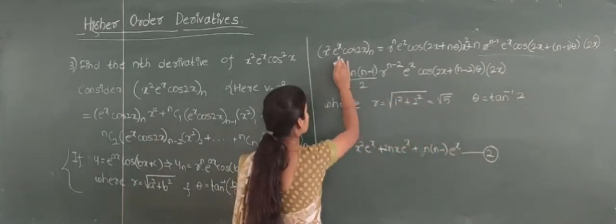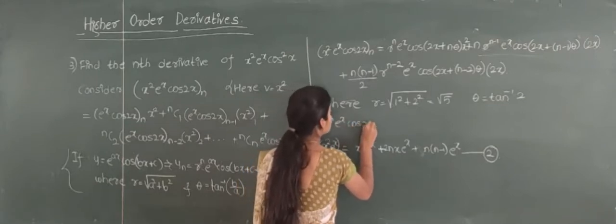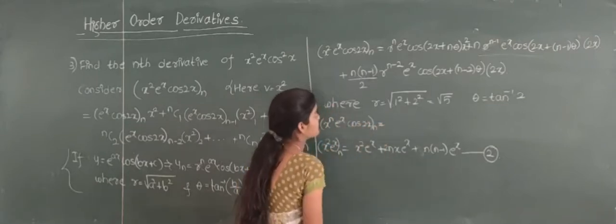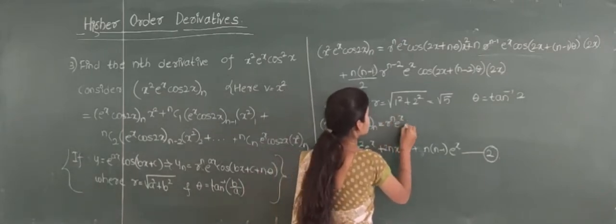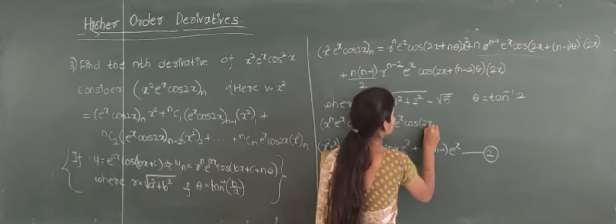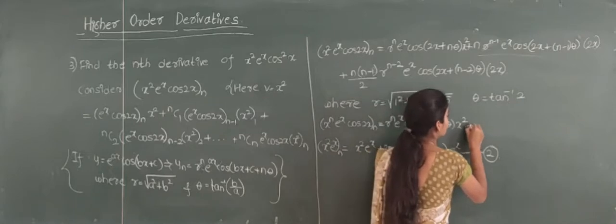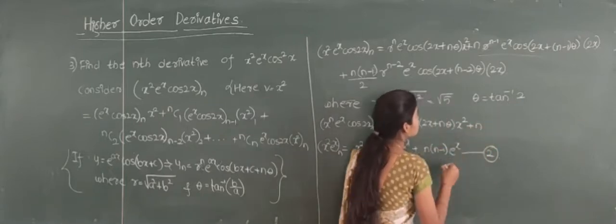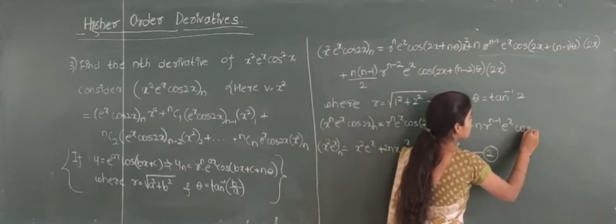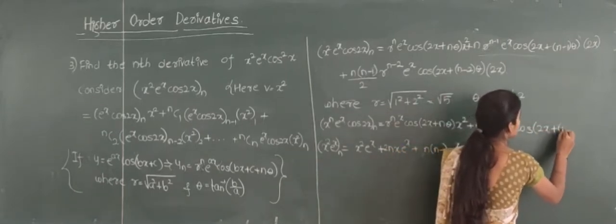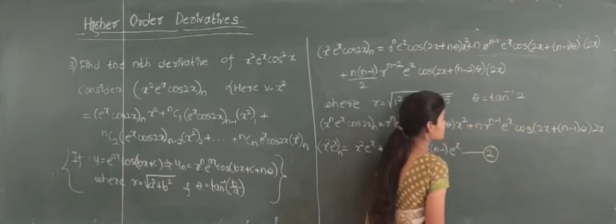Okay, therefore the nth derivative of e raised to x cos 2x, we will get as r raised to n e raised to x cos 2x plus n theta into x square, plus n into r raised to n minus 1 e raised to x cos 2x plus n minus 1 into theta, again 2x.